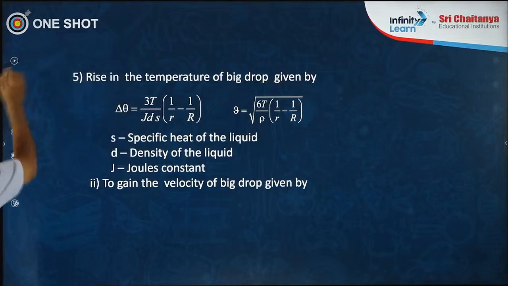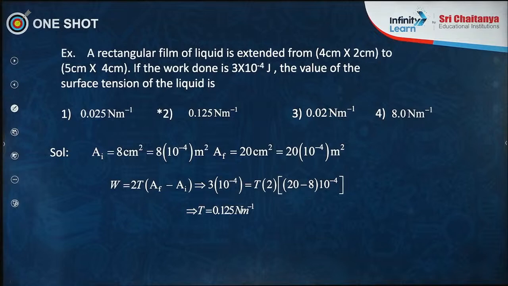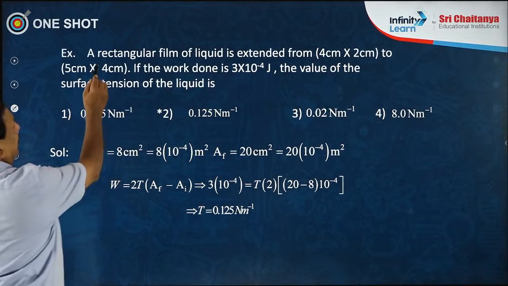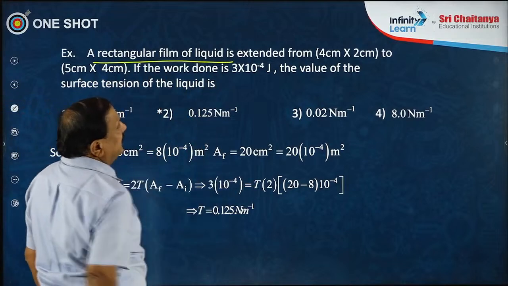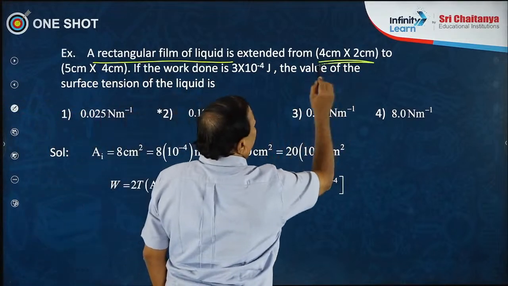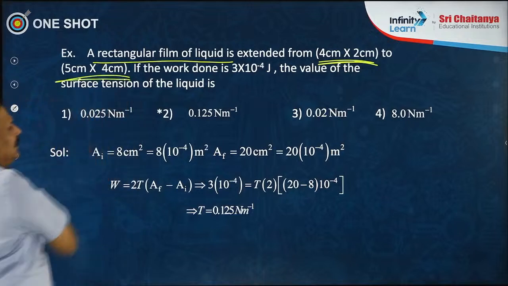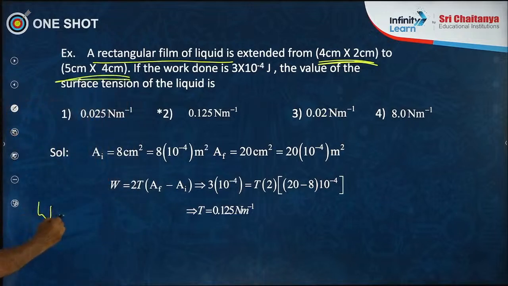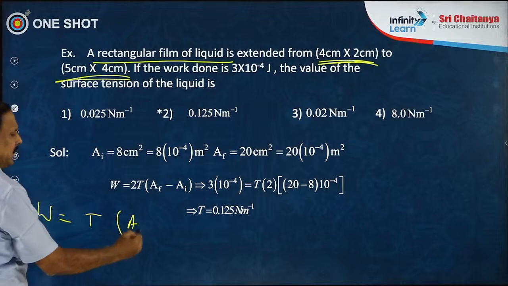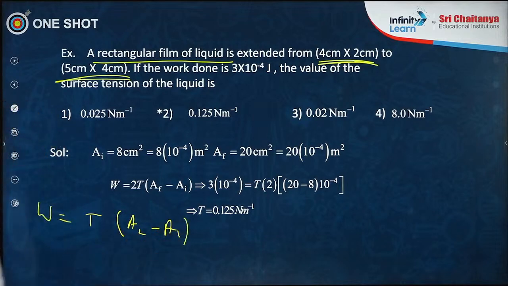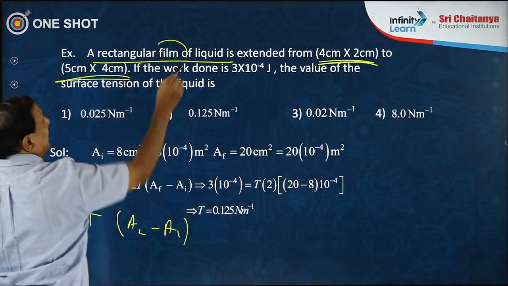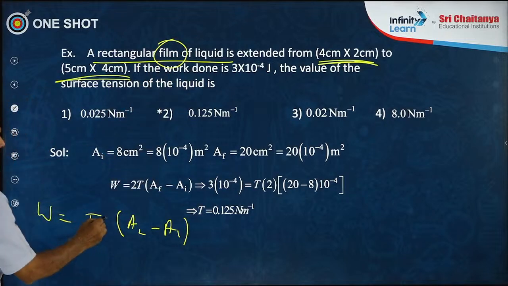This is not the time to know the derivations. Based on that, here an example is given: a rectangular film of liquid is extended from this area to this area. Again the formula is W is equal to T into A2 minus A1 only. But this is a film, do not forget, so it has two surfaces.